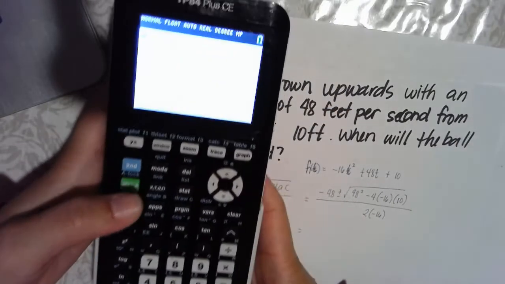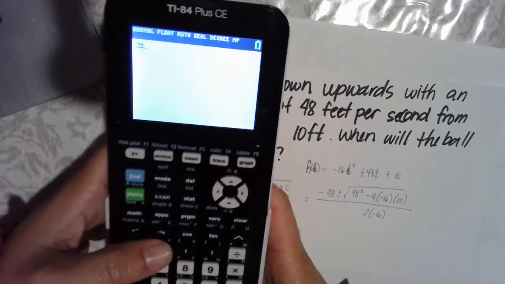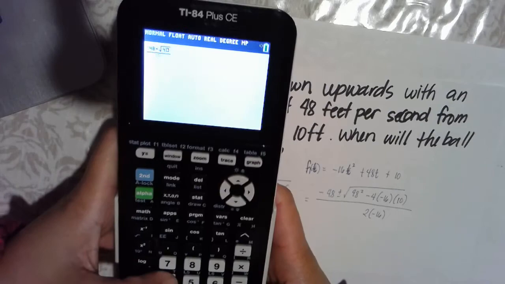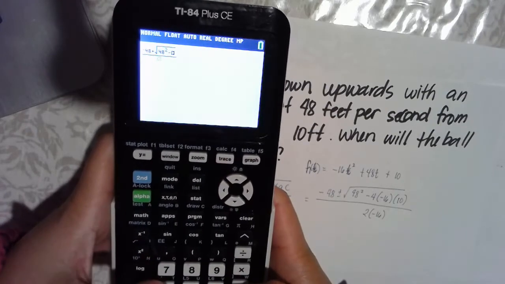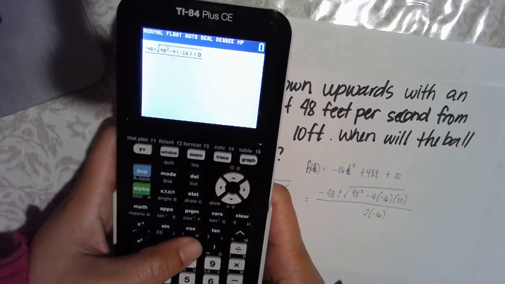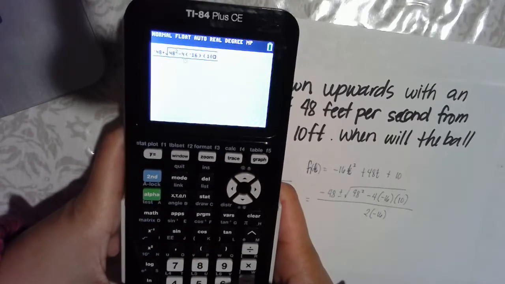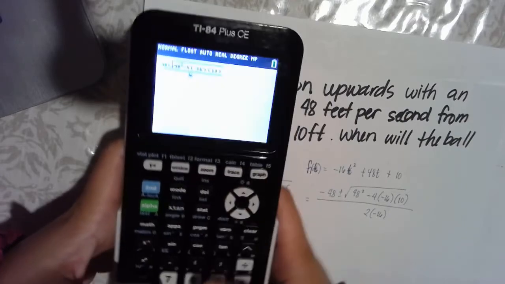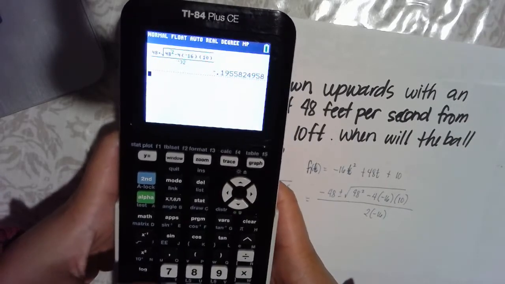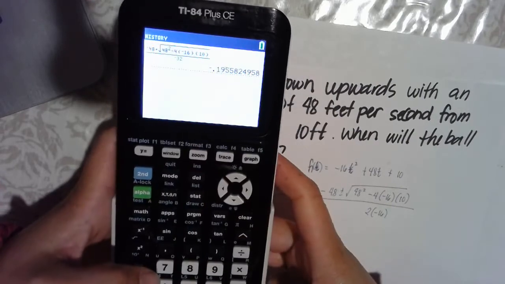So t equals negative 48 plus the square root of 48 squared minus 4 times negative 16 times 10, divided by negative 32. So that's negative, so I can't take that.